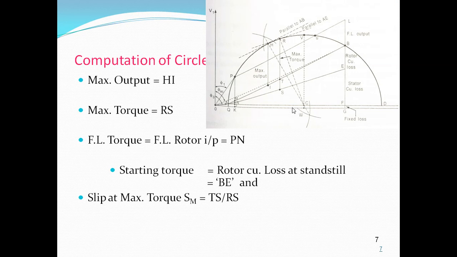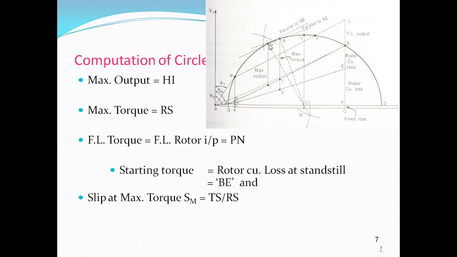And next, maximum output. What is the maximum output? HI. How can you get this maximum output line? You have to draw a line parallel to the output line AB and tangent to the circle.